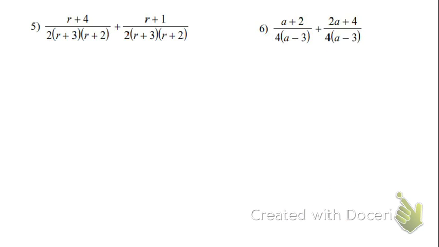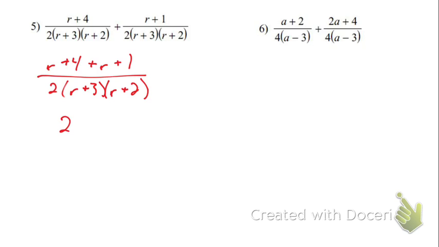All right. Next up, these are already factored. That's kind. So the top is going to be r plus 4 plus r plus 1. My denominator is this big thing: 2, r plus 3, r plus 2.